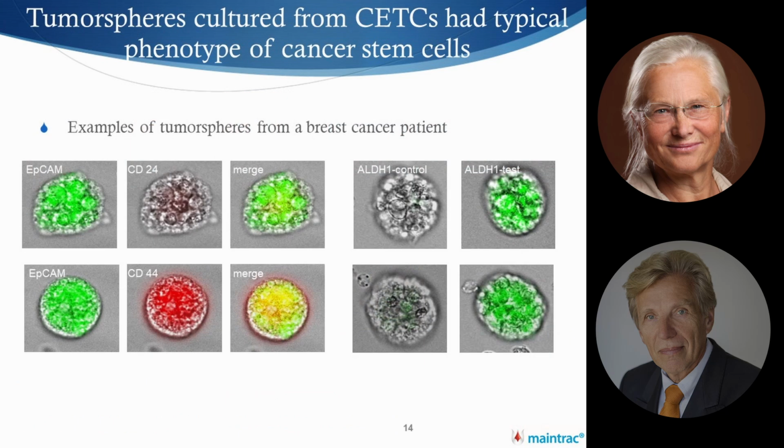In addition, we can analyze these spheres, and they need to be EpCAM positive, even sometimes if they have developed from EpCAM negative cells. They are typically CD24 negative or low positive and CD44 high positive, and express the LDH1, which can be tested in a special enzyme test.